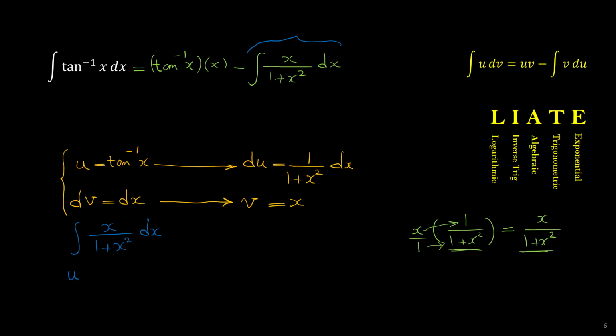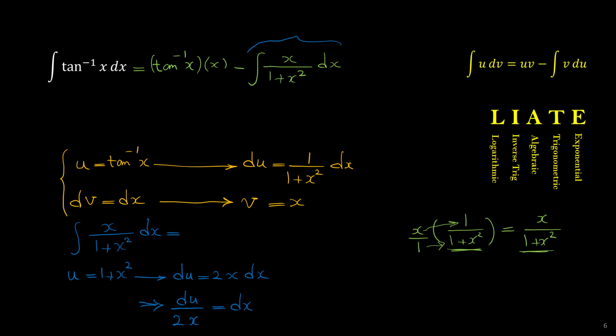If we choose the denominator of this expression as u, derivative of u will be 2x dx. And if we solve this relation for dx, we get du over 2x is dx.